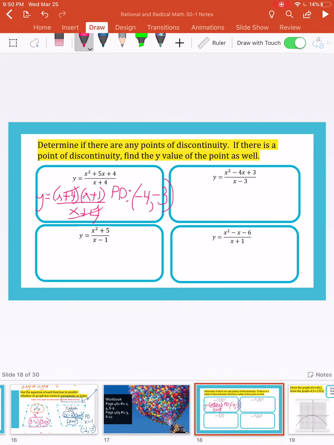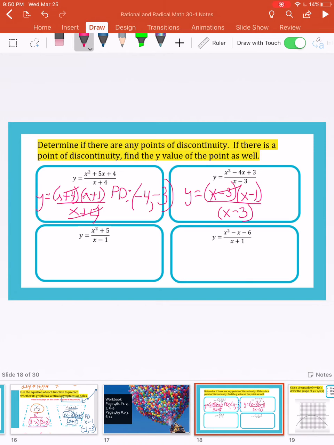All right, let's try our next example here. So I'm looking for two numbers that multiply to give me +3 and add to give me -4. Those two numbers will be x minus 3 times x minus 1 all over x minus 3.